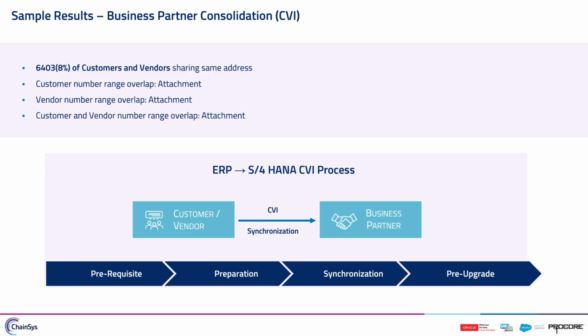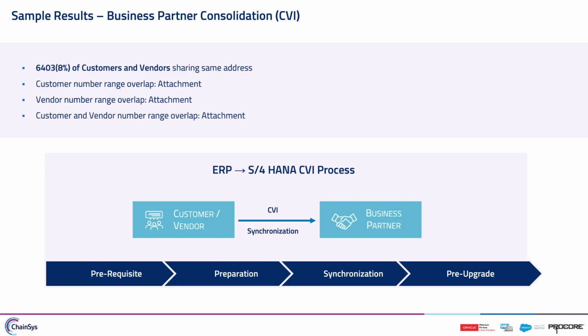For example, in this sample result, 8% of the customers and vendors share the same address. So what we are deriving is which customers are acting as vendors, or which vendors are acting as customers. In this way, the customers and vendors that can be linked to the same business partner are identified, and that recommendation will be given.